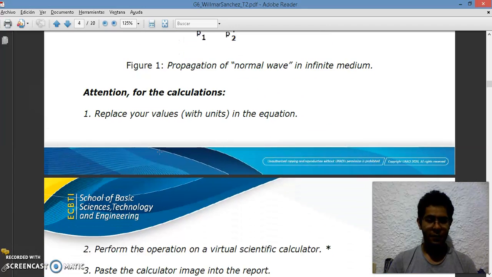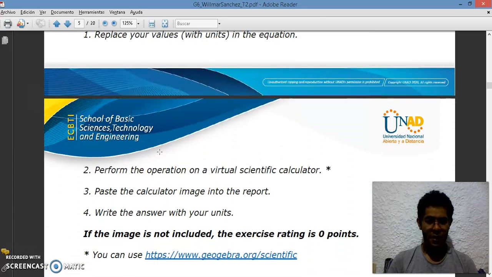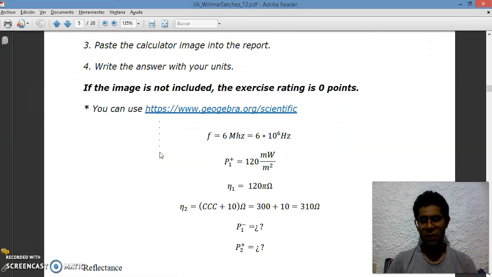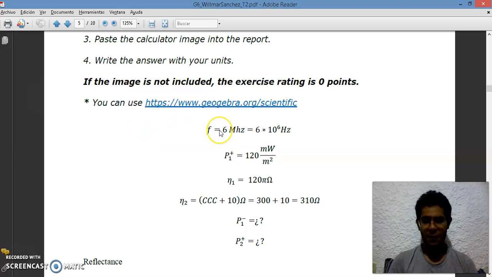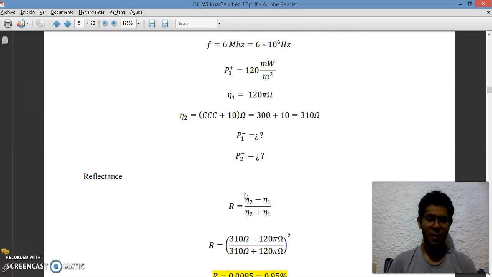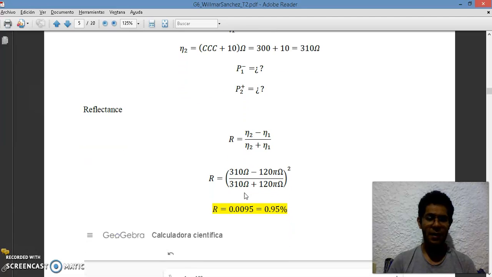Okay, these are the values of the frequency, 6 because it's the number of my group, the power and the media given for the exercise, and the power reflected and refracted, that we must find.